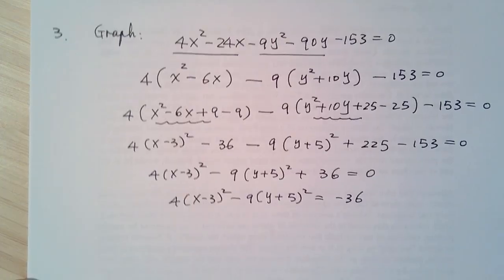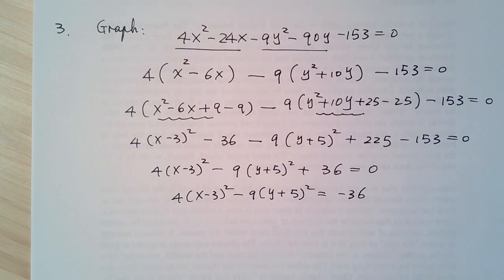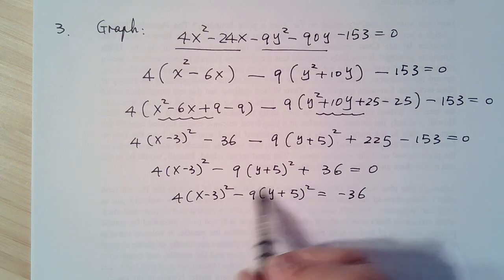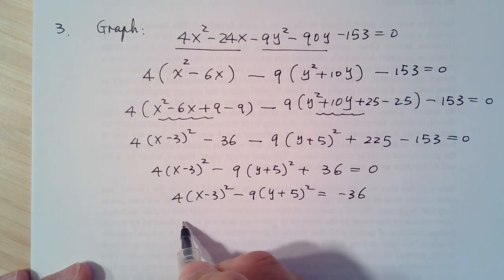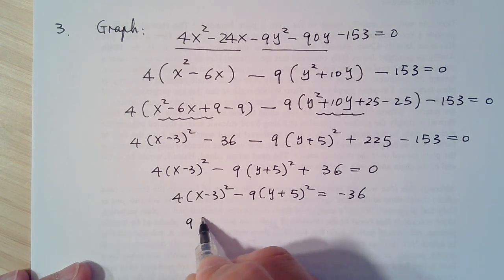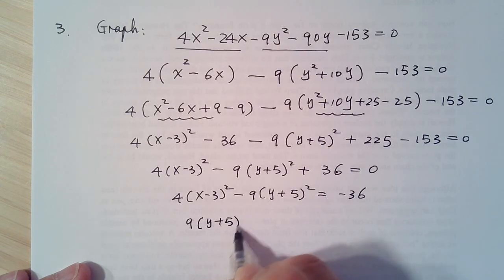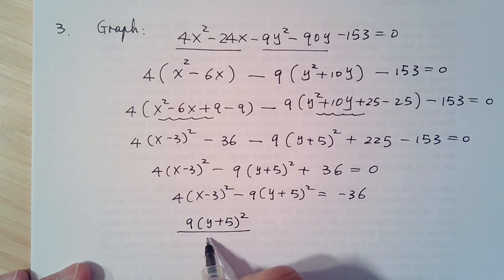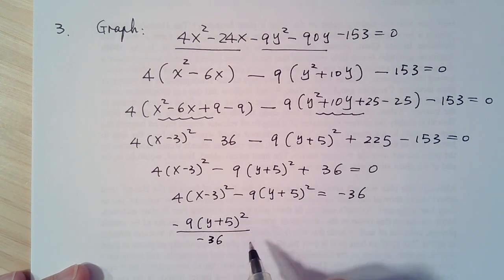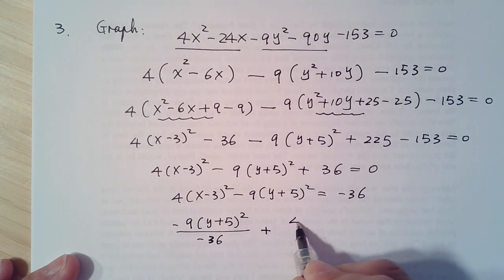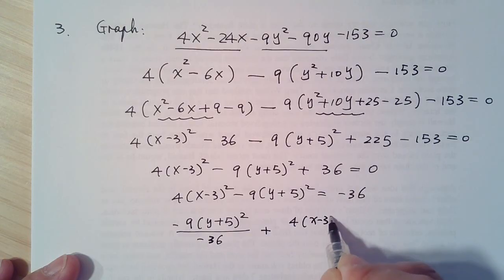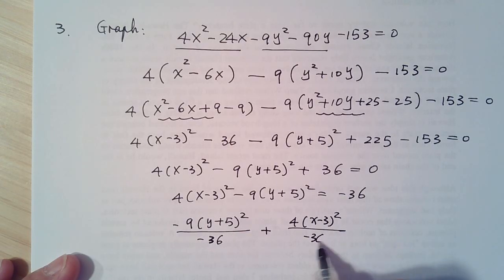How do I make the right side to be 1? I divide it by negative 36. Now, a good thing happened. When you divide by a negative number, this part becomes positive. So I get 9y plus 5 squared over negative 36, that becomes the positive part, and then plus 4x minus 3 squared over negative 36.